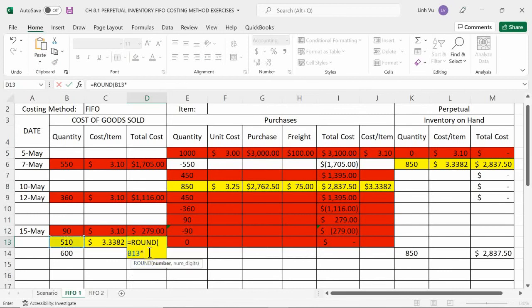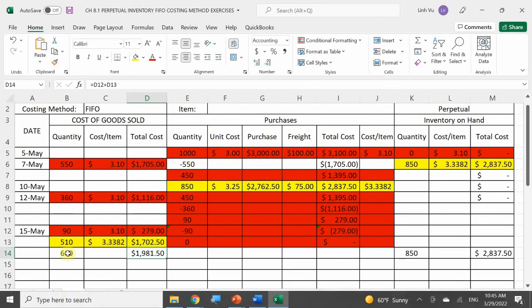So the best rule of thumb is you should at least have about 6 digits after the decimal to get a good number to round to. Okay, so therefore I got $1,702.50.